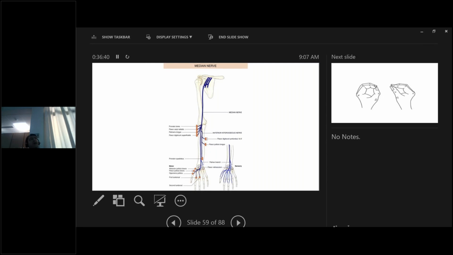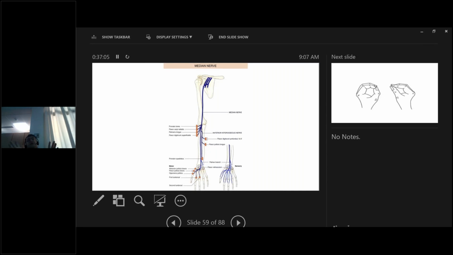Another thing in the median nerve: we know the most common entrapment is at the carpal tunnel, which affects what we call LOAF: lumbricals, opponens pollicis, abductor pollicis brevis, and flexor pollicis brevis.